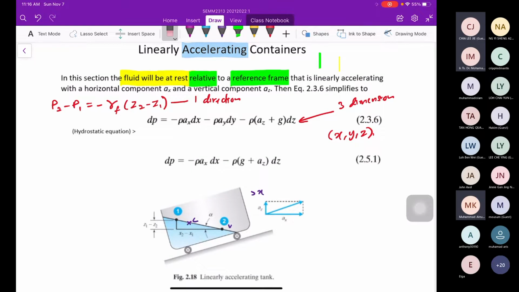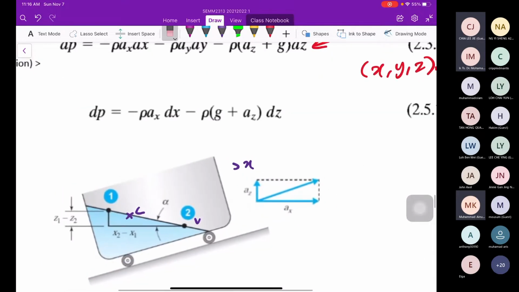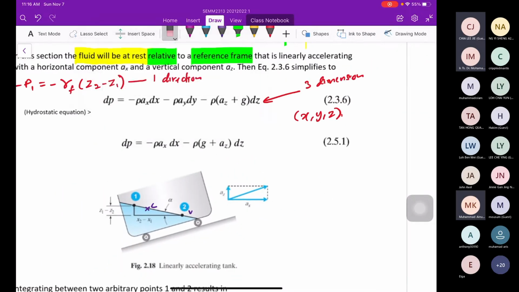So this with horizontal component and vertical component means we are referring to two dimensions only. Equation 2.36 is three dimensions; this refers to 2D only. That means we involve Z and X direction. This is our coordinate. So only AZ and AX motion.